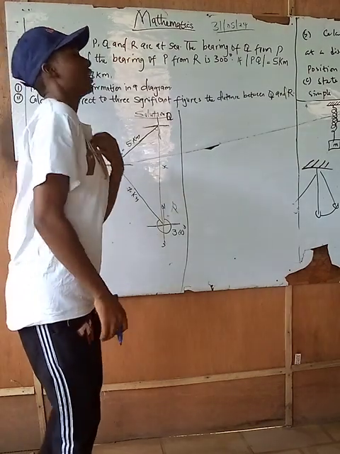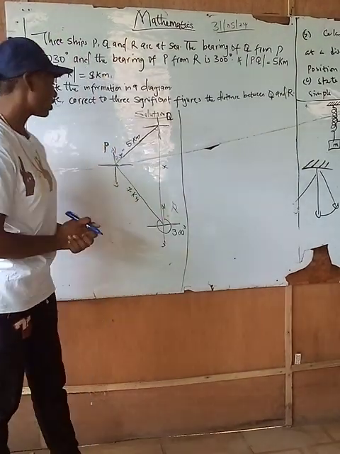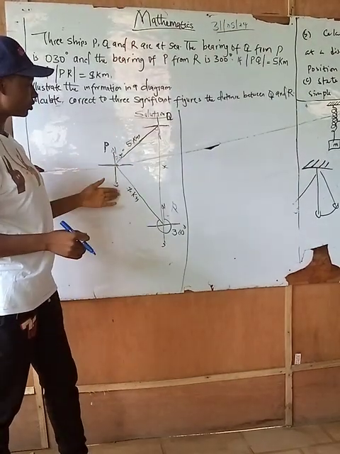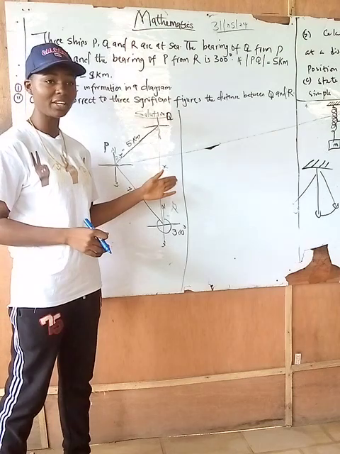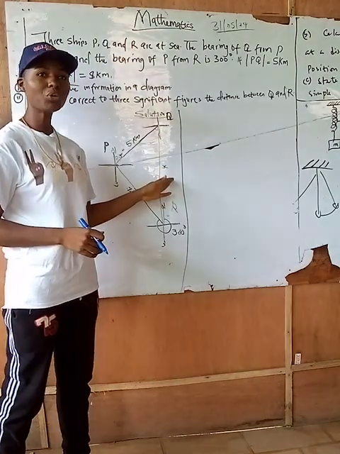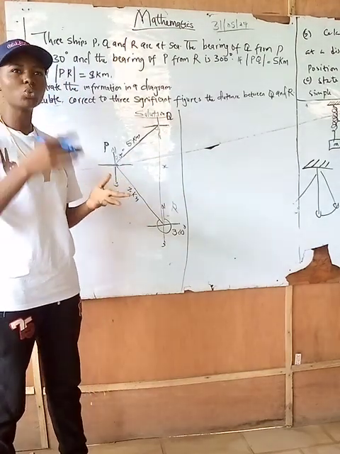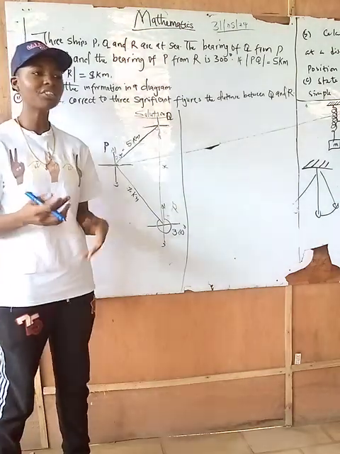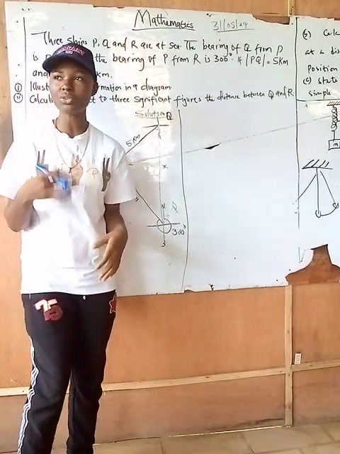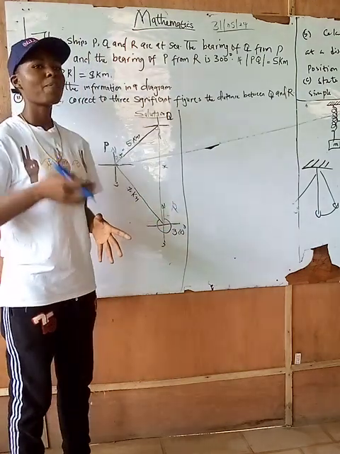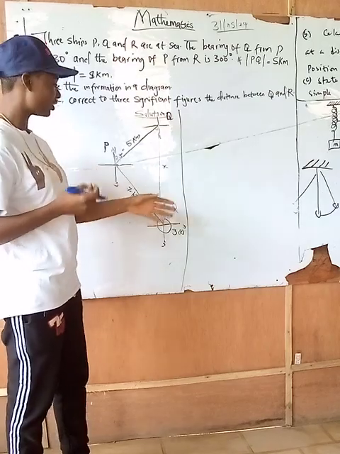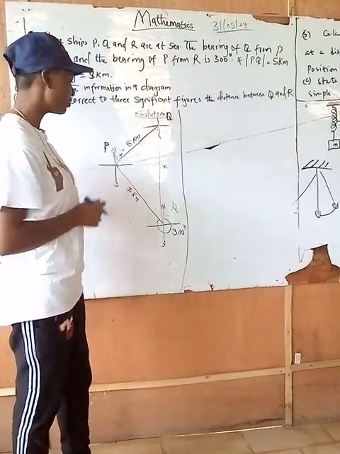Now, in mathematics, when you have a triangle and two sides are given, and you want to look for the third side, you can use many methods, but the best way I would choose is Pythagoras theorem. You understand?